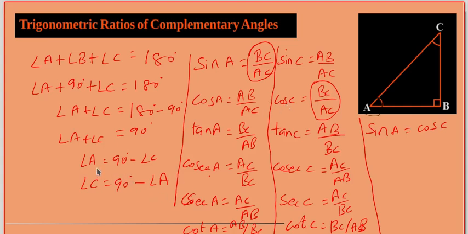We have now angle A in terms of C as well as angle C in terms of A. So angle A we will write in terms of C. In place of A, let me write this equality.